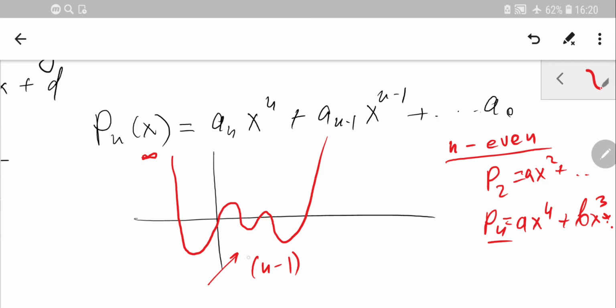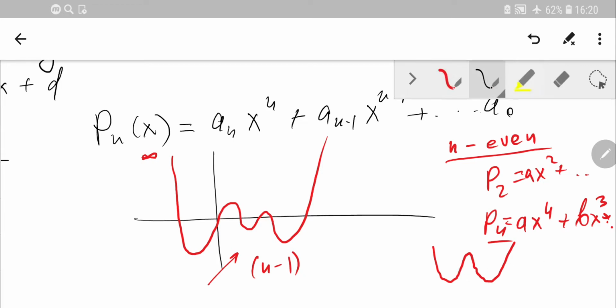It would have a local minimum, a local maximum, then again a local minimum, and goes the way back. So 3 times of oscillation, or just 3 local critical points: 1, 2, 3. In p2, it's just a parabola. It should have one less, so again just one extreme point or critical point, and this is a local minimum.